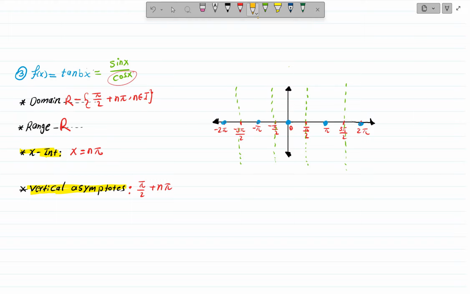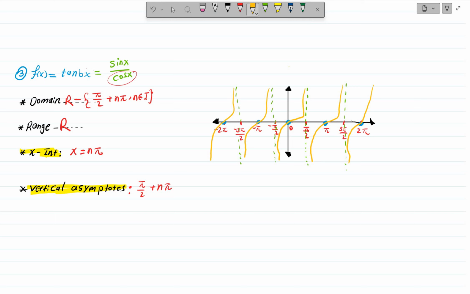Okay, now the graph starts from this vertical asymptote all the way passing through 0 and it goes down. Same thing here and also here. This is the graph of tan, and it's always going to be like this as long as we have tan x.